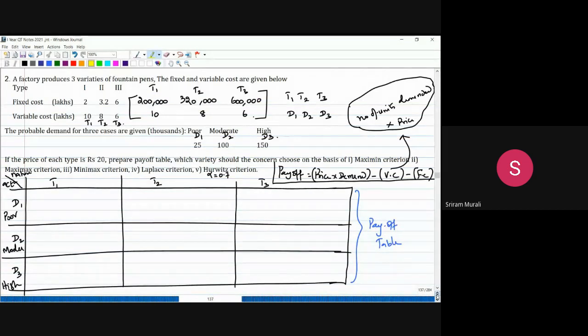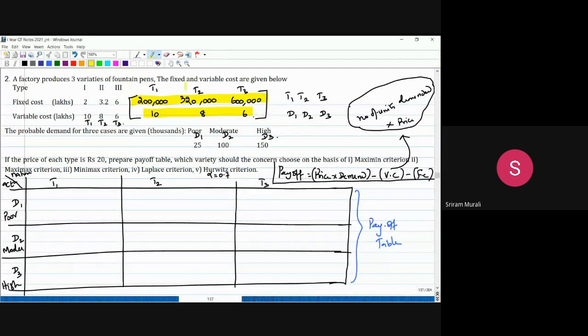A factory produces 3 varieties of fountain pen, T1, T2, T3. The fixed cost is given in lakhs. Variable cost is also given in lakhs.